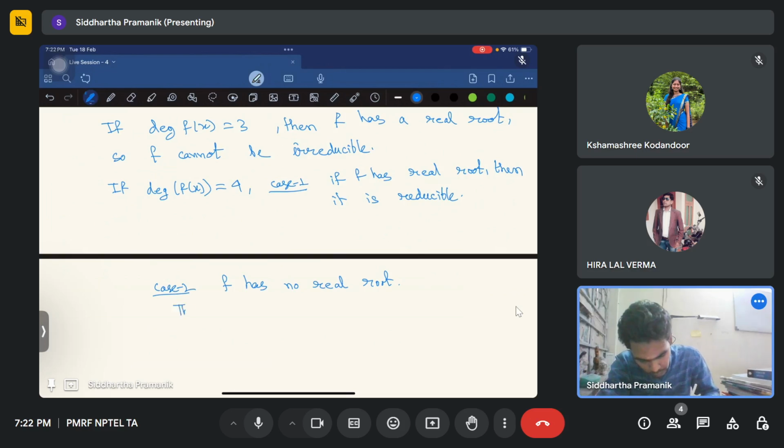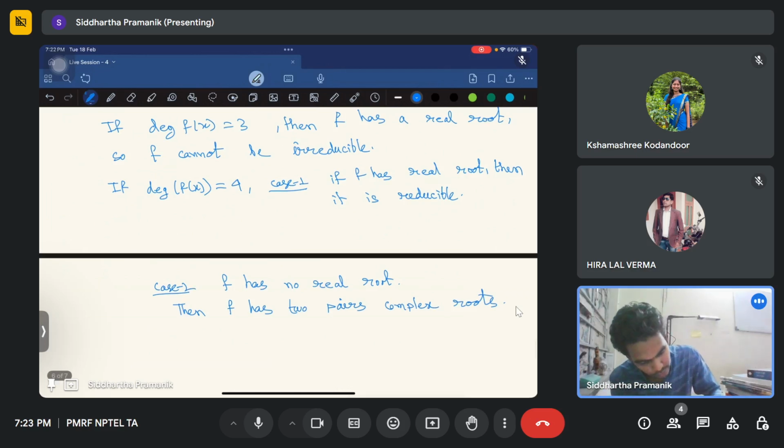So then f has two pairs of complex roots, right? And complex roots occur in pairs, meaning both of them are conjugates of each other.